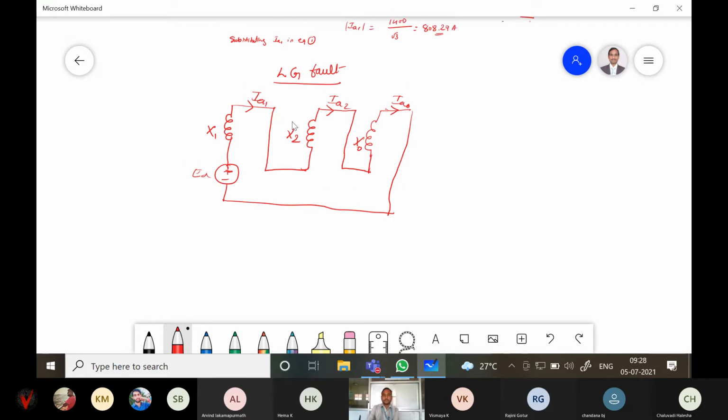So this is the combined sequence network for the LG fault.